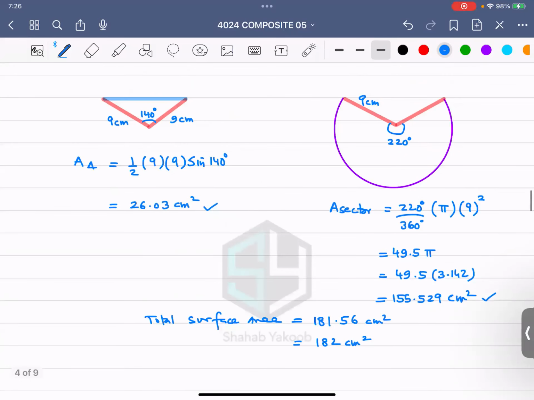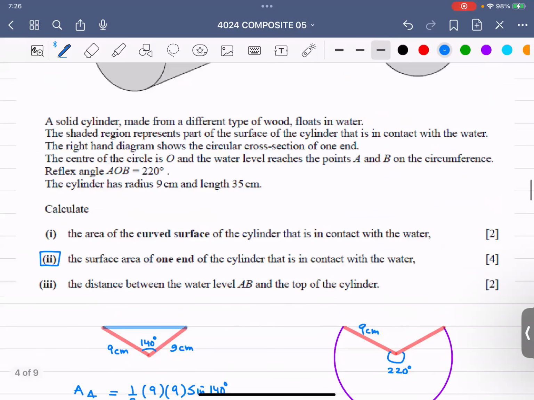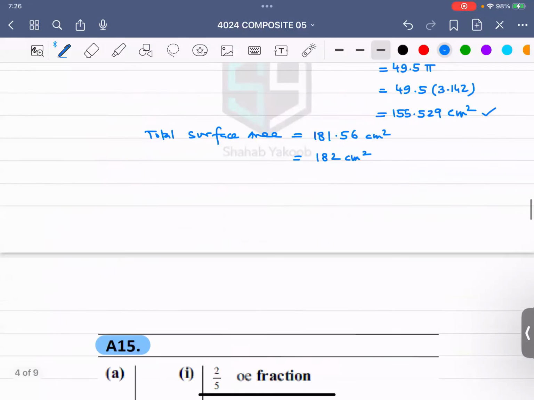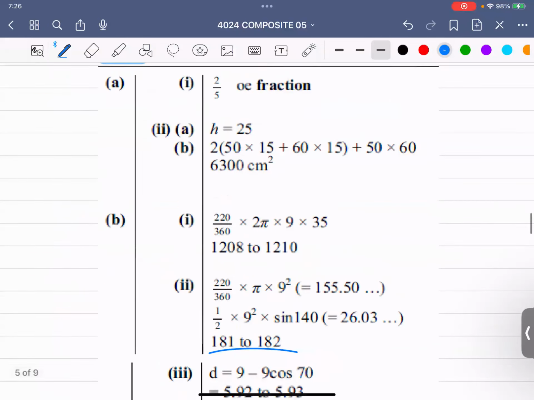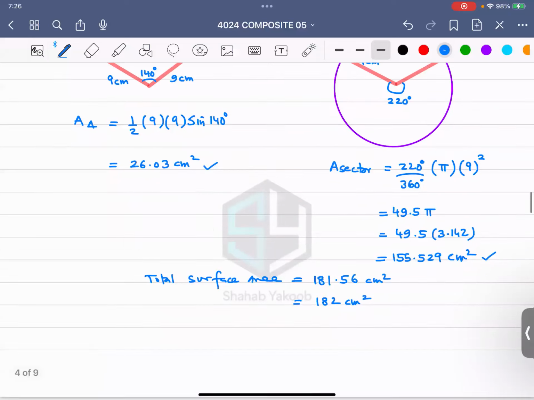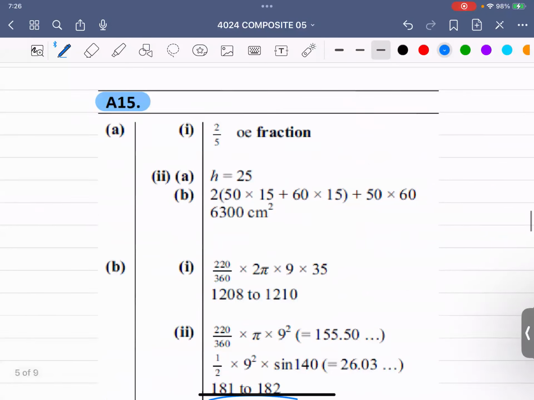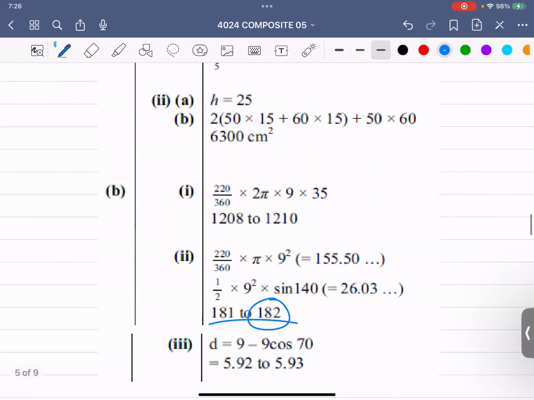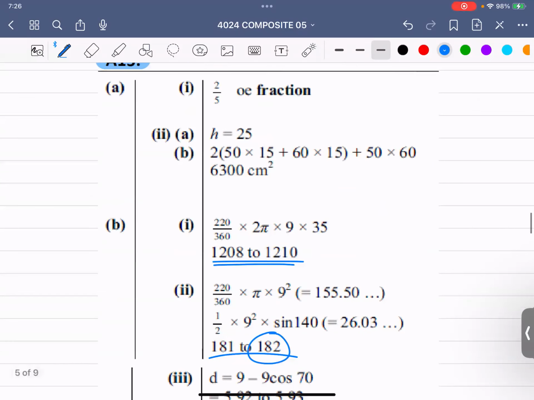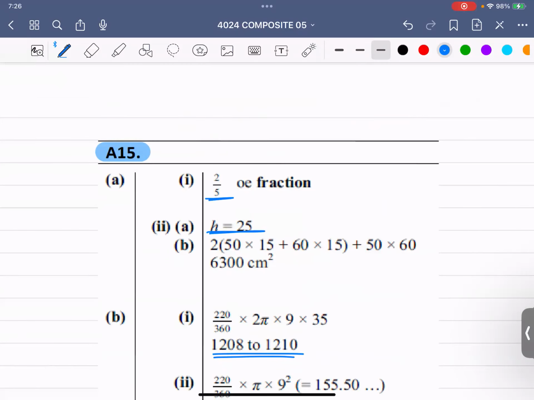So now let me check this. This is part B, part 2, 181 to 182. This is 182 that we have gotten. So this is the answer. This we have left in terms of pi, and this 25 is perfect. This 2/5 is perfect.